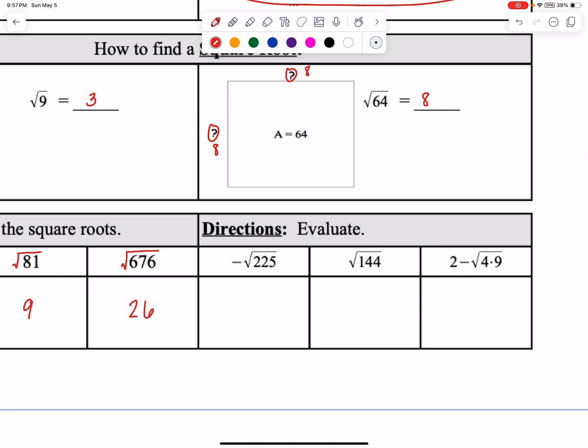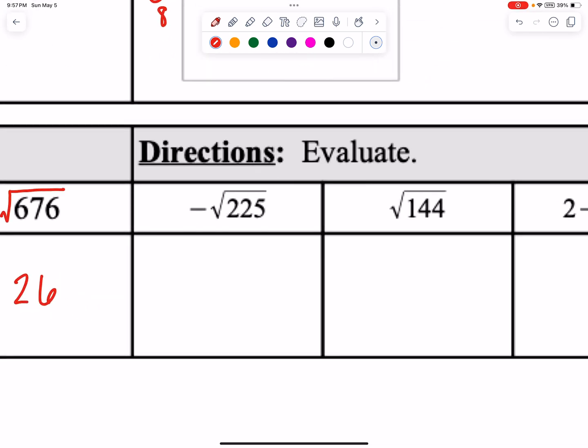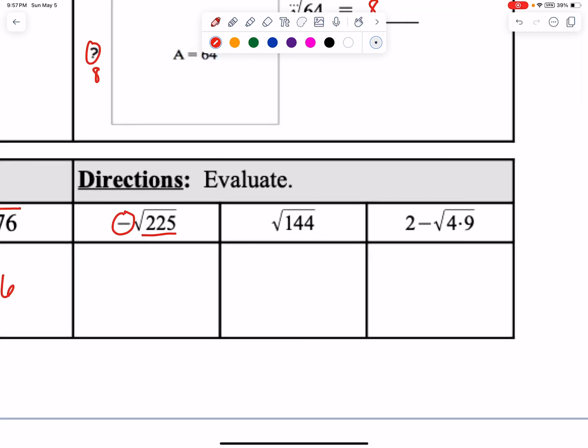A couple things to remember when we take the square root of things. If the negative is outside, we're going to do the square root and then make it negative. A negative on the inside cannot exist, because think about this for a second. Square root of 4 is 2, right?